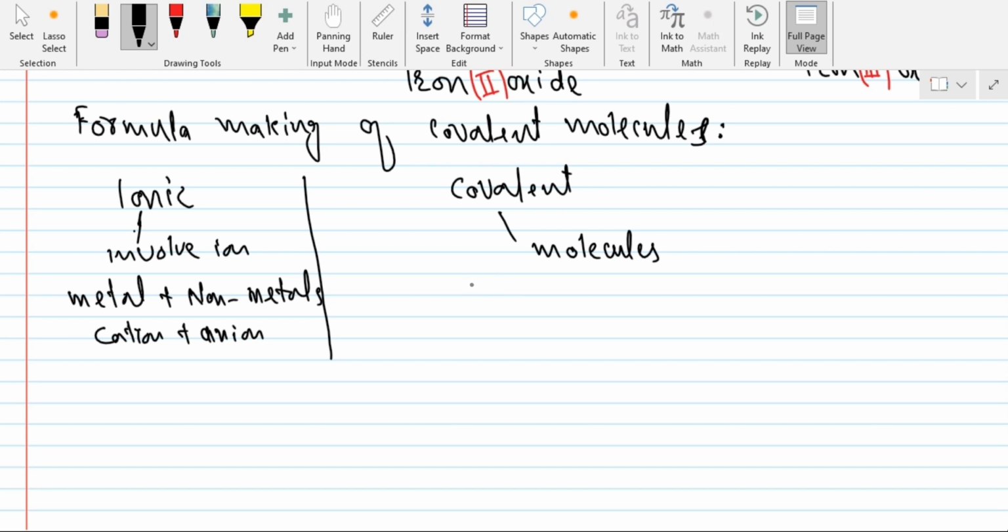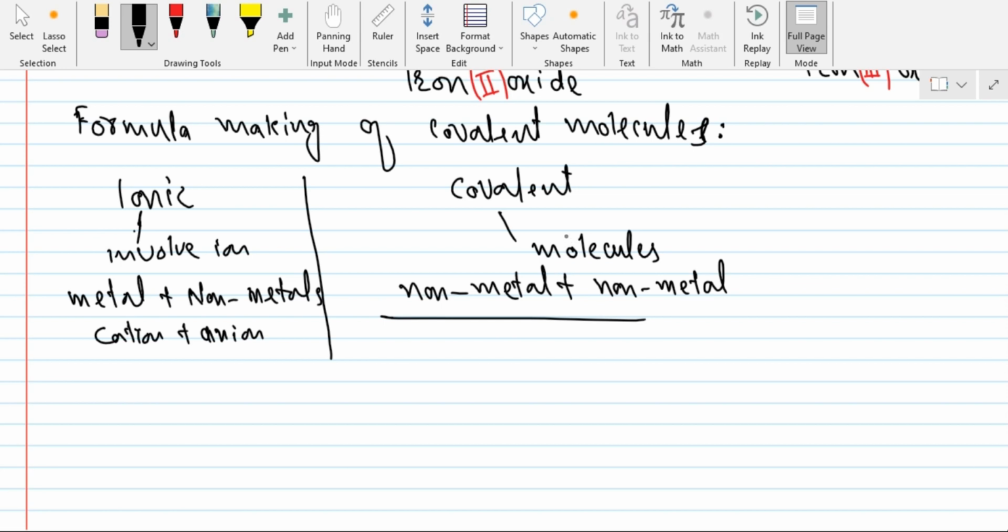For molecules, you just say when a non-metal is combined with another non-metal. Whenever you have this situation, you immediately say this is a covalent molecule, and we must follow the rules like I'm writing here.